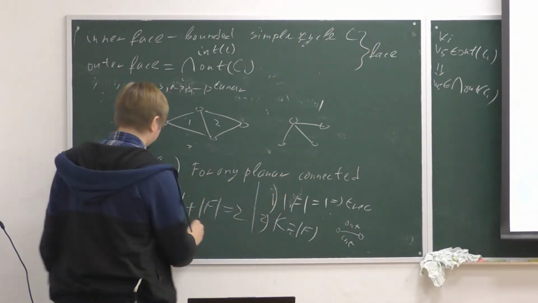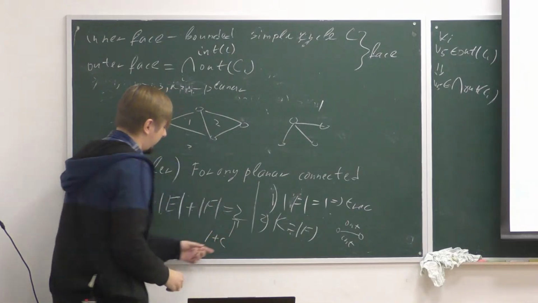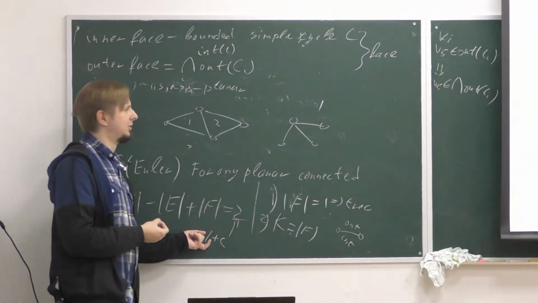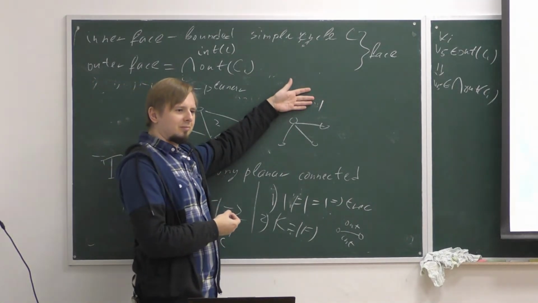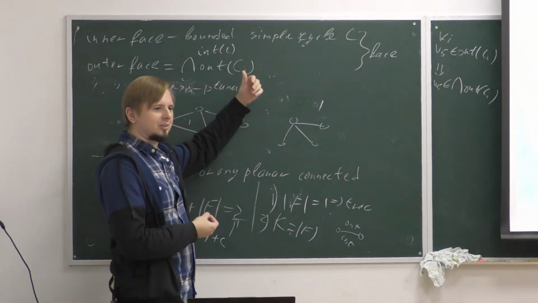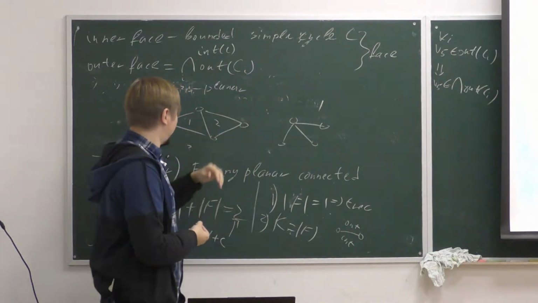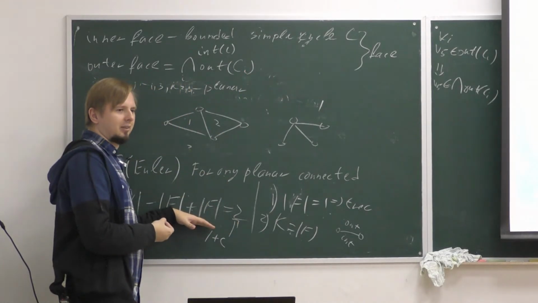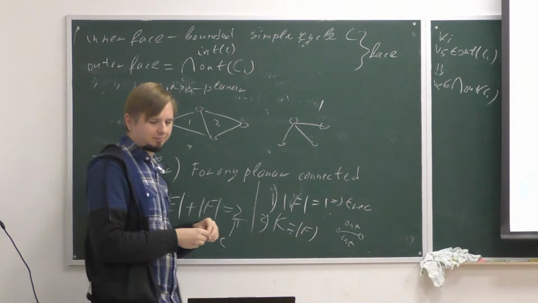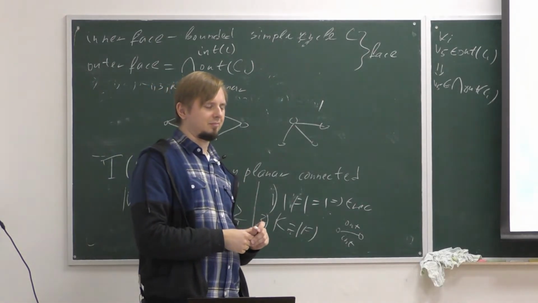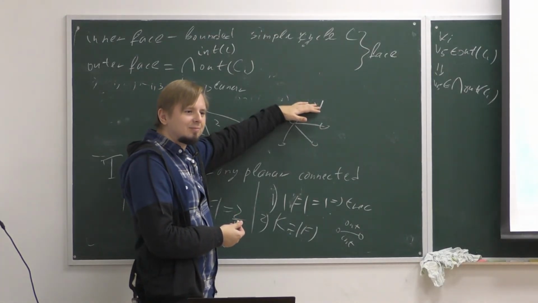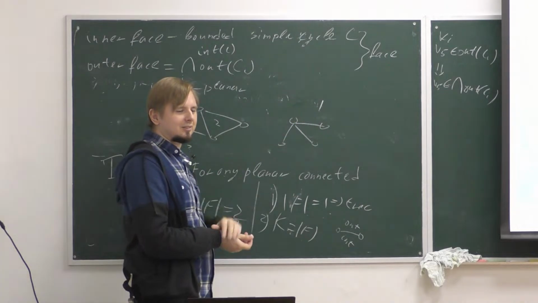If it's not connected, here will be 1 plus c, where c is the number of components. Why? What is with 1? This 1 is the outer face. This outer face is common for any of the components. Yes? And if we sum these things for components, we will have here just 1, because we have also 1 common outer face.